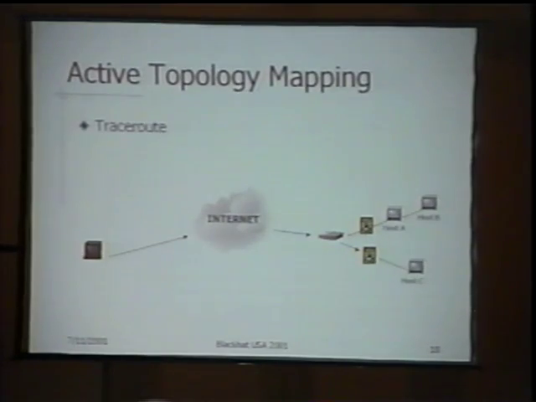Just like in this diagram, what we have combined is a trace route to host C and also to host B. And from this, we built this graph from the information that we were able to gather from active trace routing.